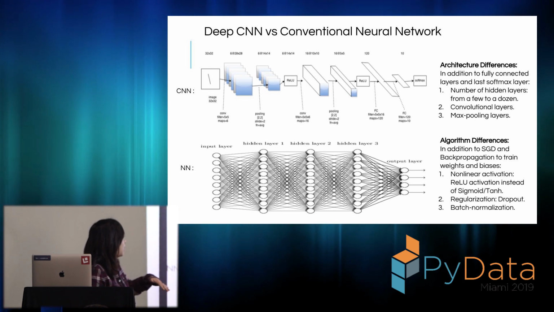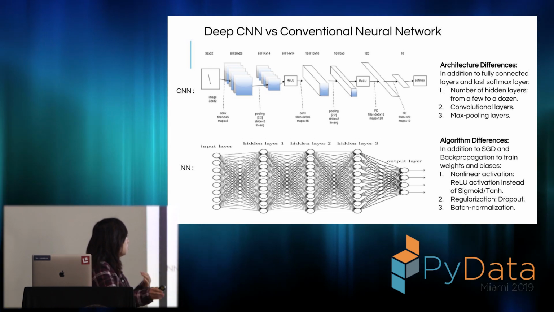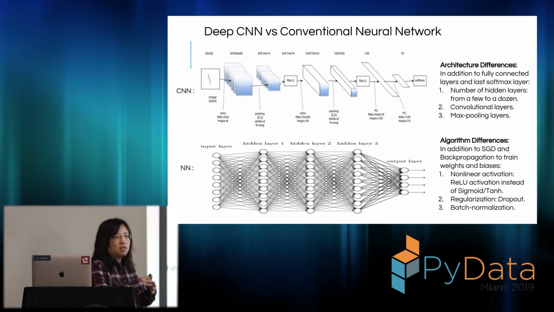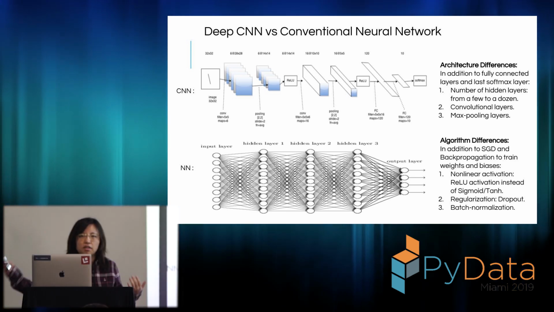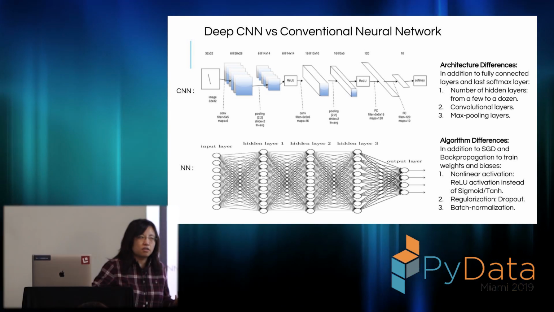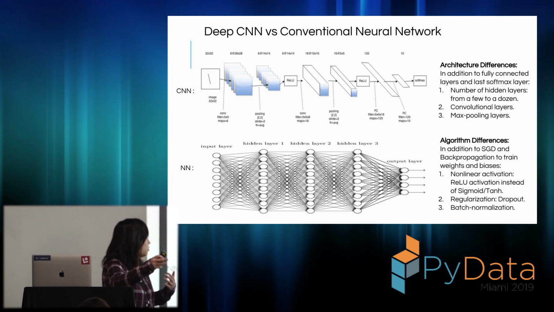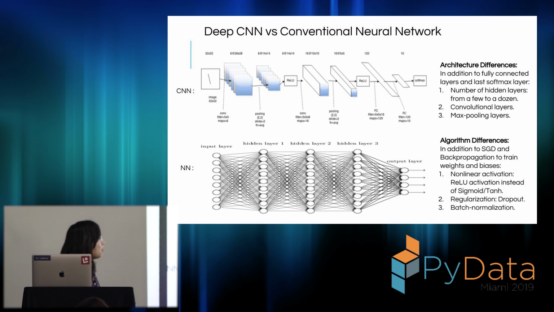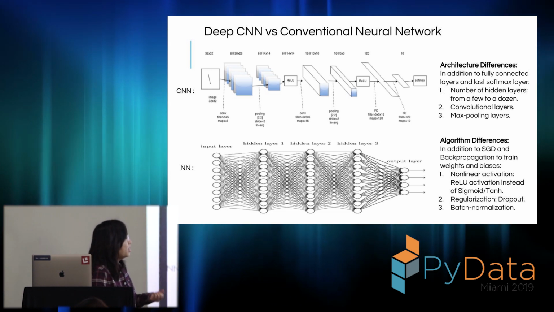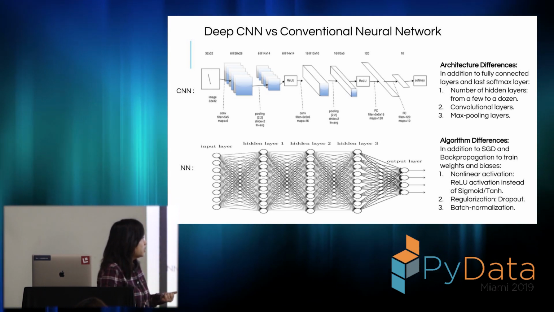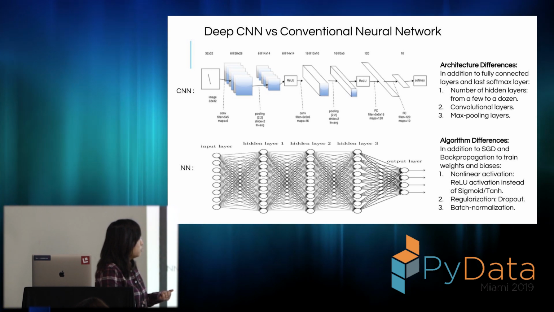On the algorithm side, in conventional neural networks, you can see the learning rate decrease throughout the layers, which means the later layers don't have a big enough gradient to learn if you keep doing the propagation. So on the algorithm side, in addition to the traditional SGD and backpropagation, people made some changes.